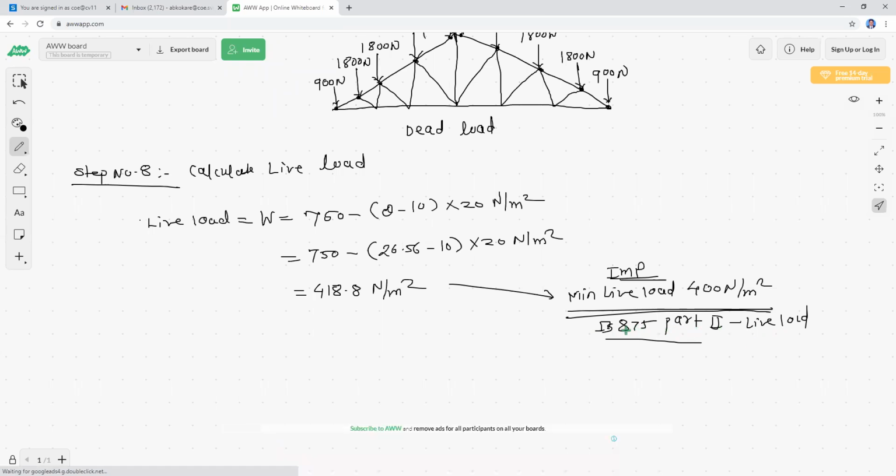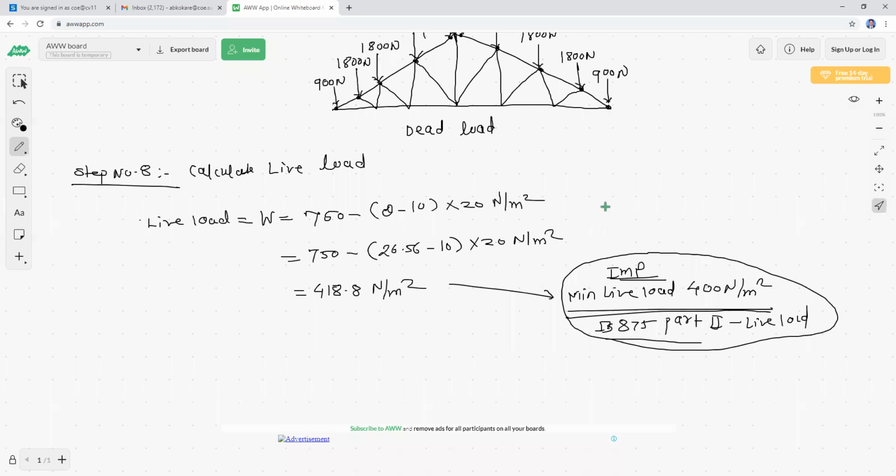IS 875 part 2 is for live load, and as per this IS code the minimum live load is 400 Newton per meter square. So this is very important for the MCQ examination, and again this formula is also very important.